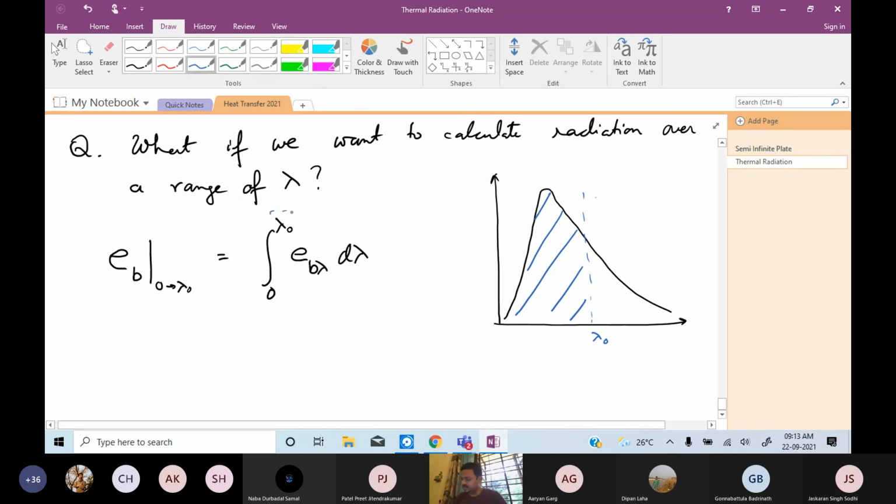What I'm trying to say is the upper limit of this integration is changed from infinity to lambda naught, and E_B lambda is given by Planck's law.